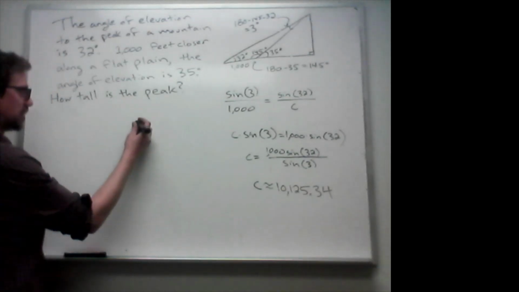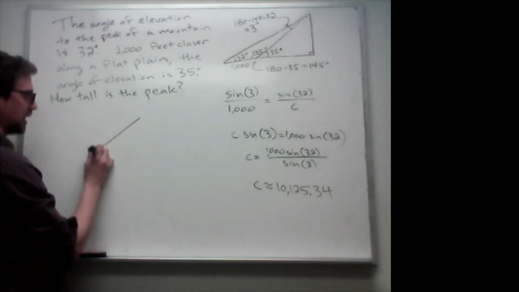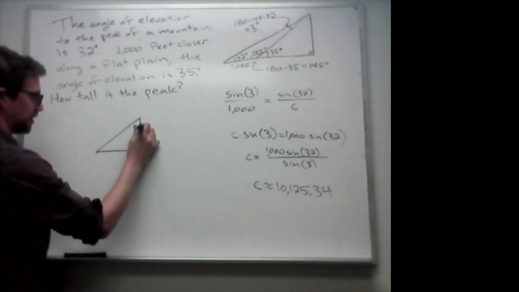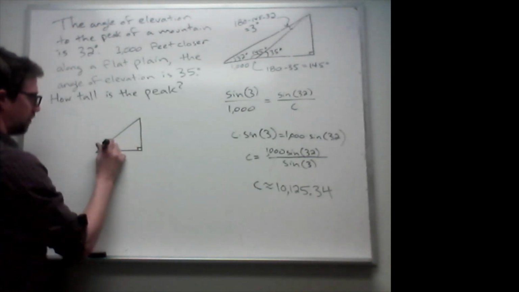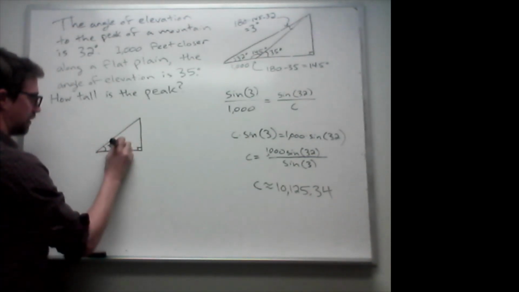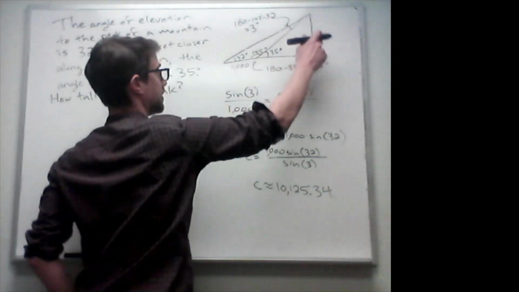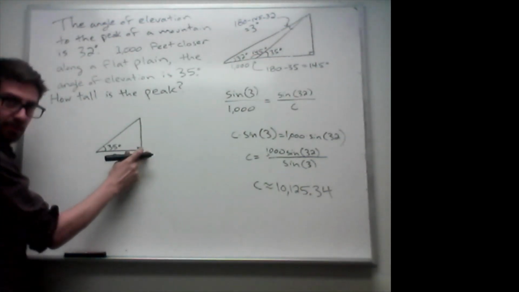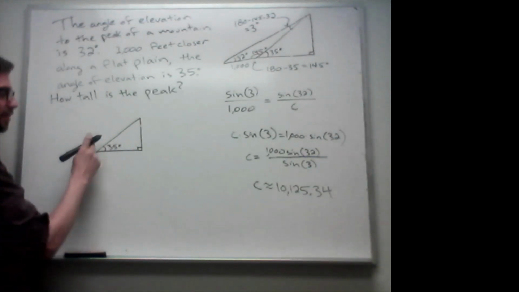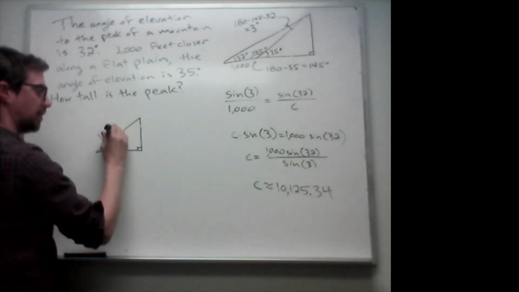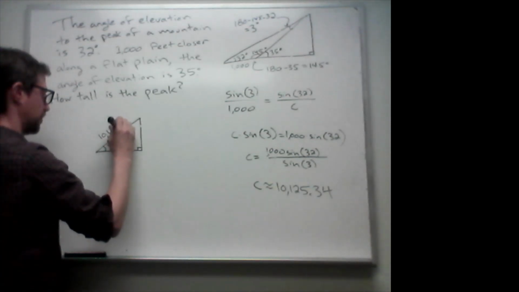Once again, let's just label what we have and what we need now that we have our final missing piece of information. We know that's 35 degrees. So this is the smaller of the right triangles. This is that thing. That's the mountain. We want that. And then we have that this is 10,125.34.